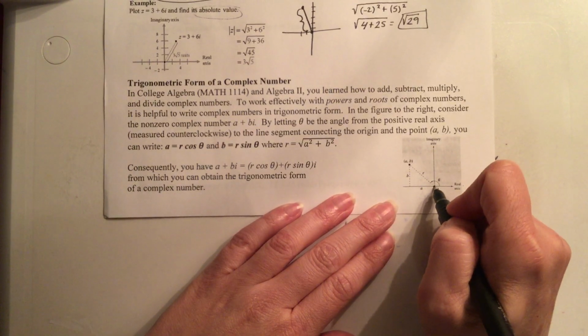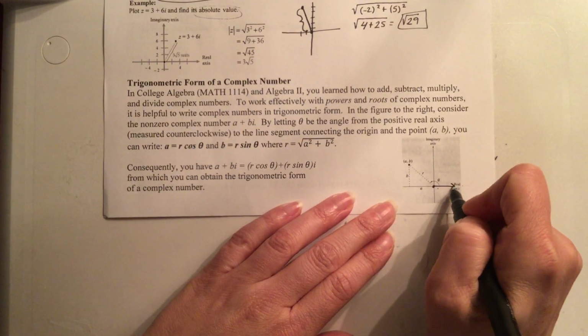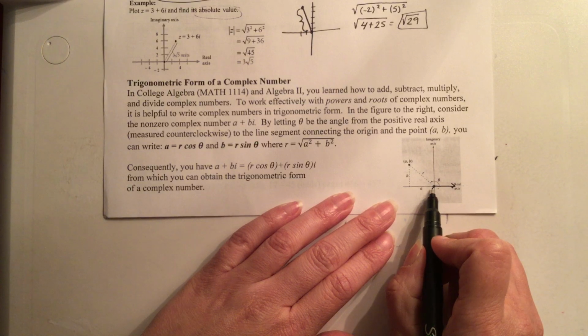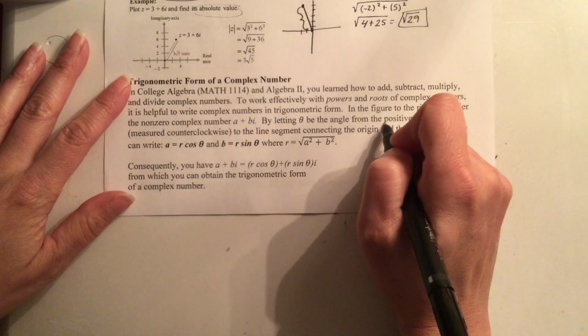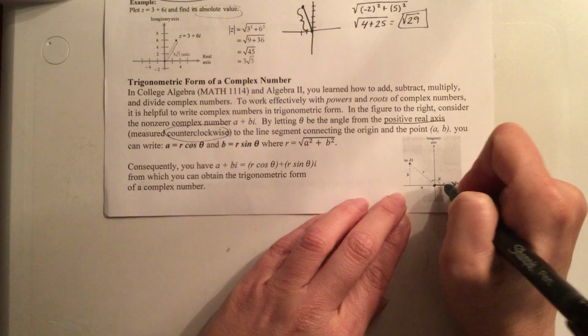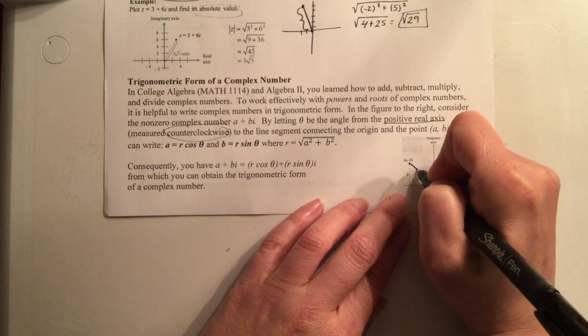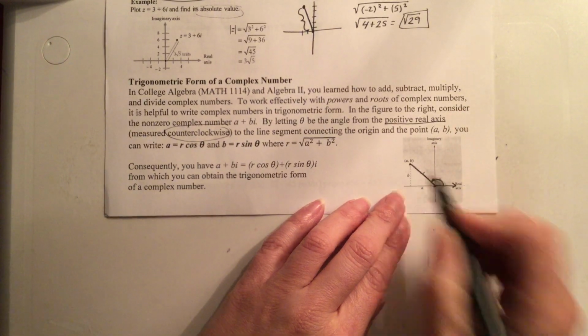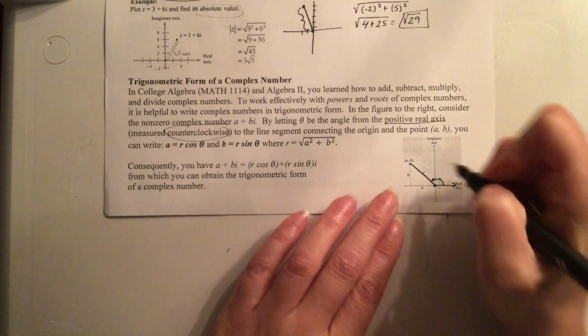If you have your initial point, thinking back to that unit circle, you would have your vertex at the origin. You're looking at the positive real axis. You're measuring counterclockwise to the terminal side that contains your complex point.